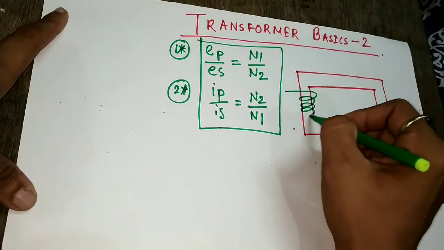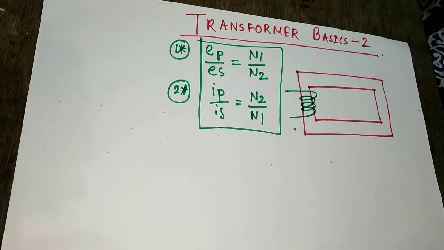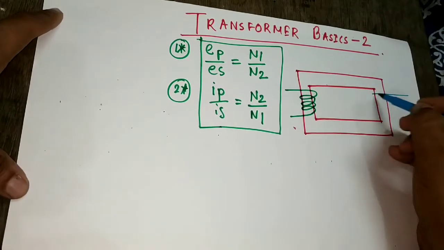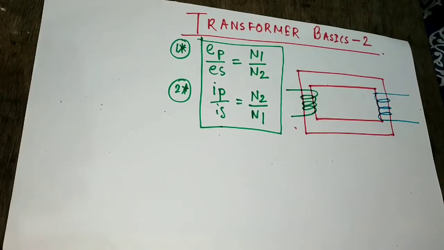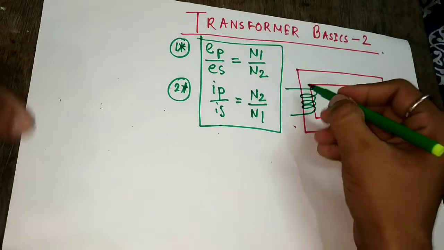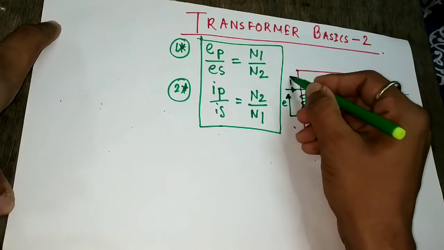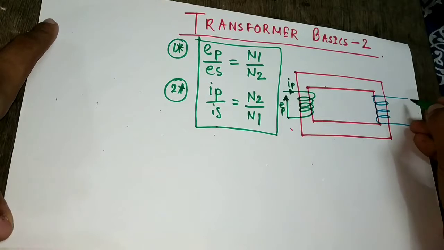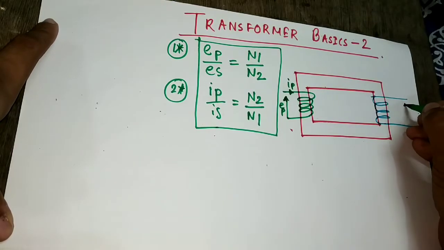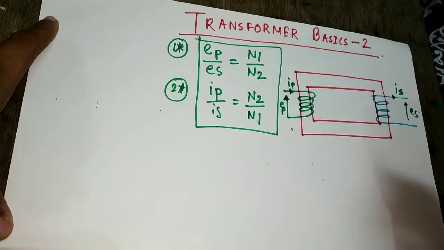This is the primary winding, and let us say this is the secondary winding. We are applying EP over here, current IP, and this is ES, that is IS, I secondary.